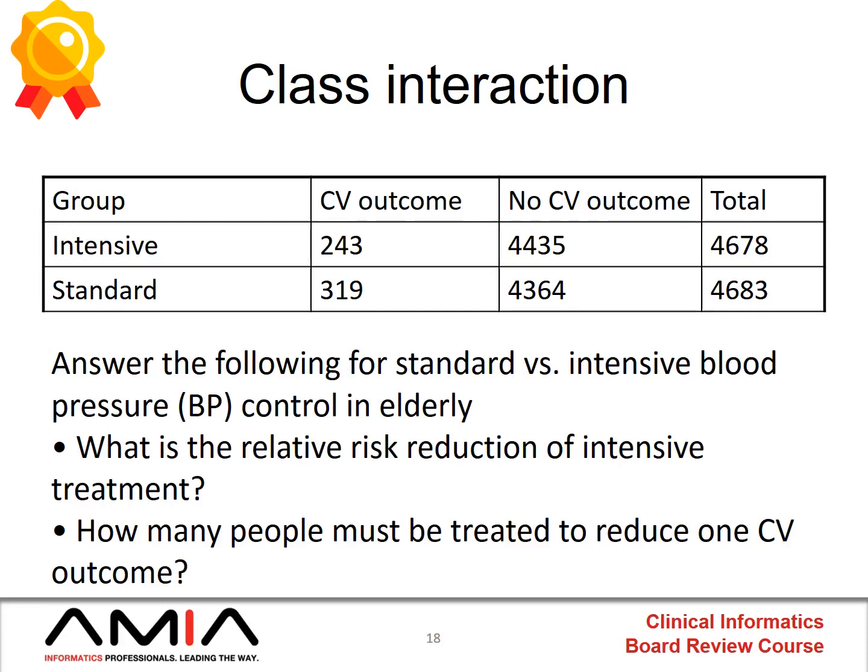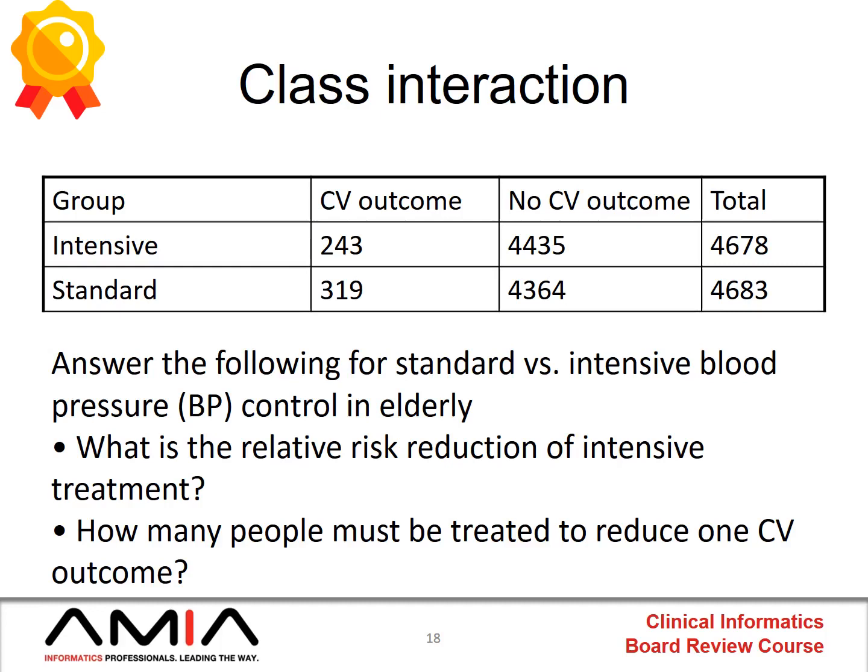So there were 243 patients in the intensive treatment group who had an adverse cardiovascular outcome, as opposed to 4,435 who did not. In the standard or control group, 319 patients had a cardiovascular outcome and 4,364 did not.